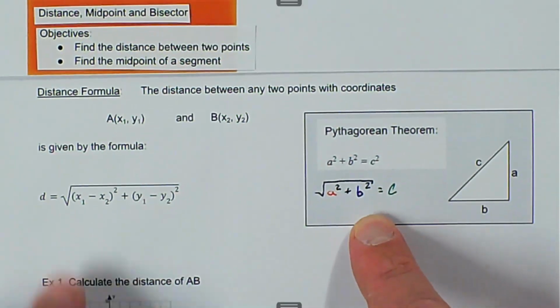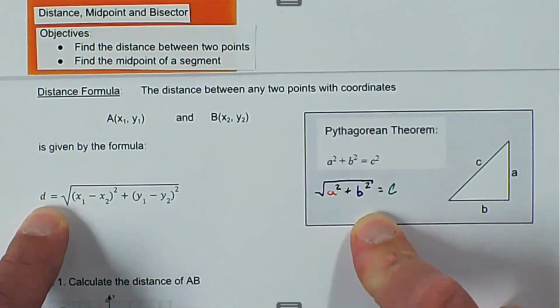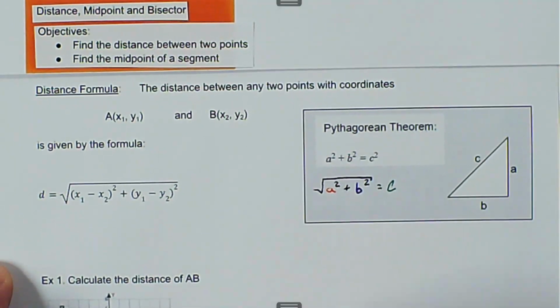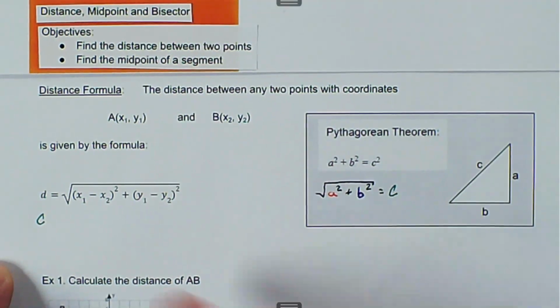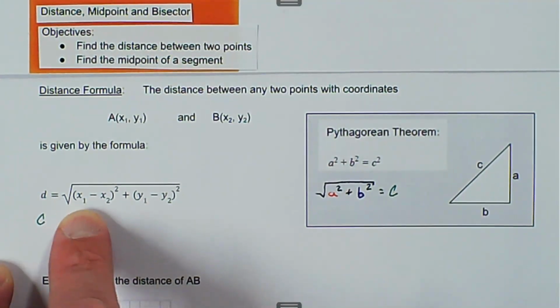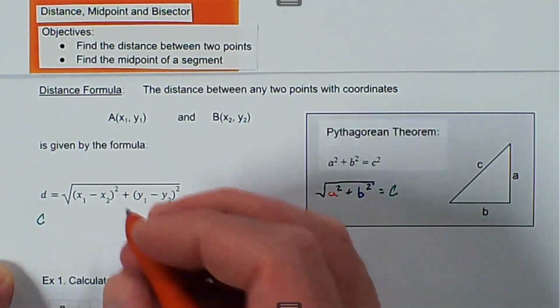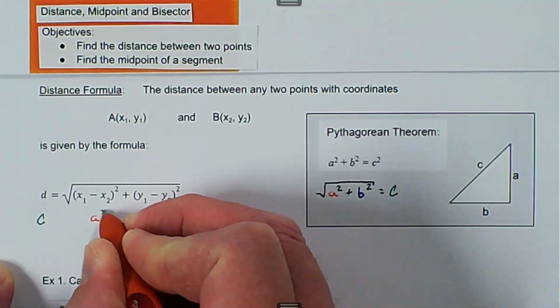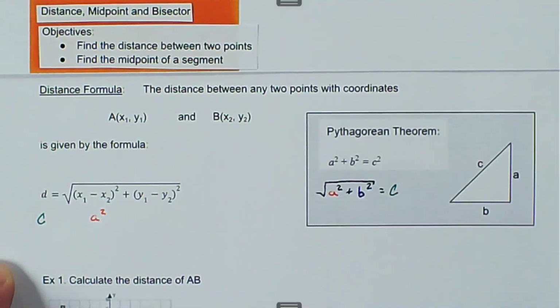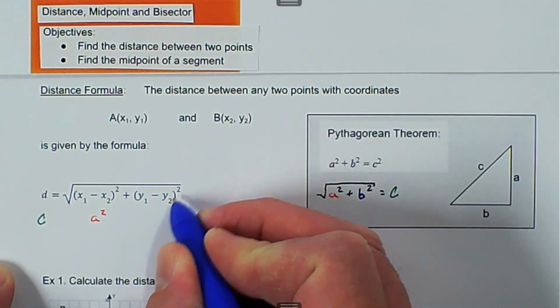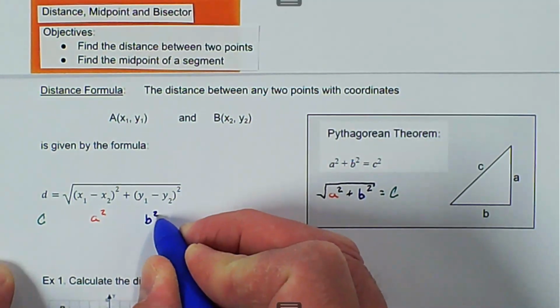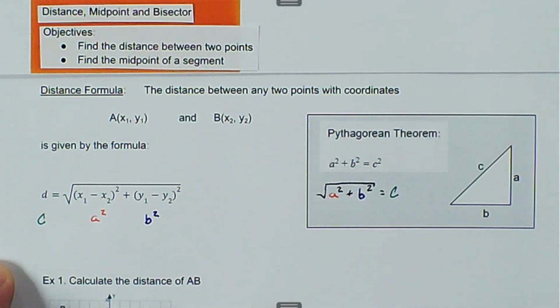So this matches up with the distance formula, where d would be replaced with c, and then x sub 1 minus x sub 2 would be replaced with a squared, and y sub 1 minus y sub 2, quantity squared, would be replaced with b squared. And then everything else is the same.